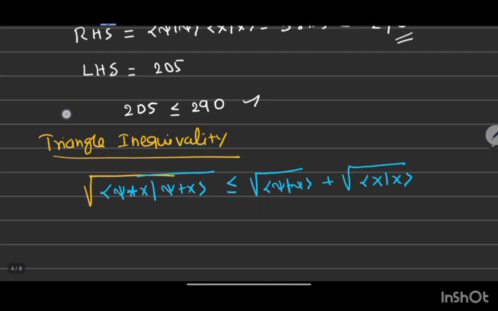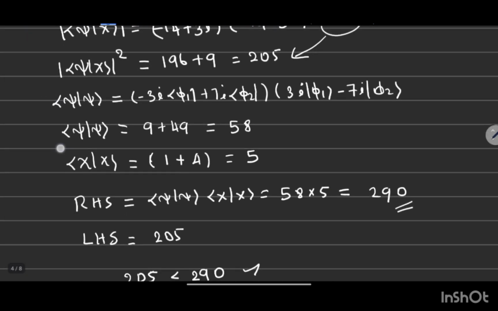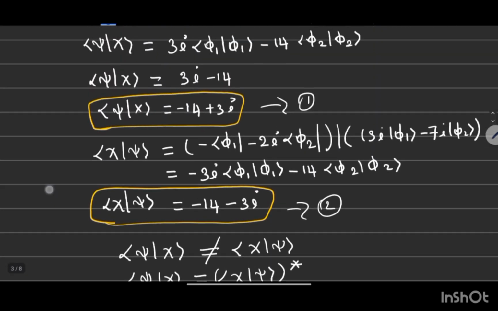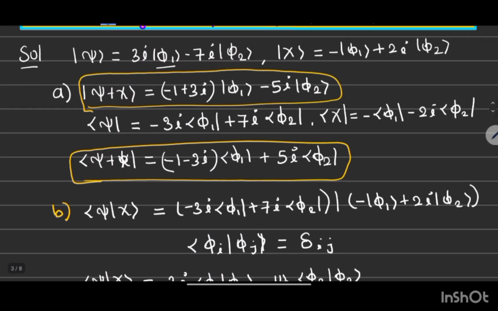So what is the inner product of the addition of these two vectors? Did we find what the addition of these two vectors is? Yes, we found it. Here you can see minus 1 minus 3i, 5i, minus 1 plus 3i, minus 5i.